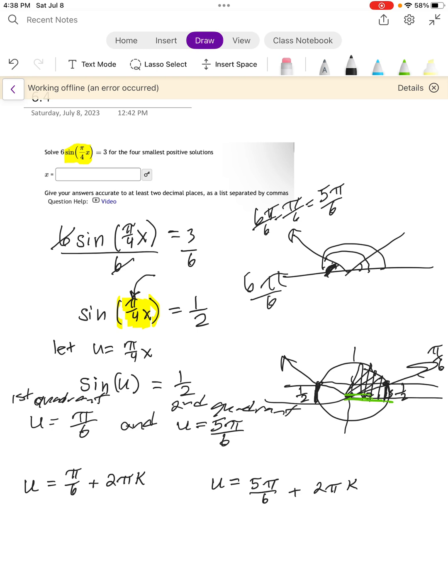Now that we've fully solved this problem for all solutions, we need to actually solve it for x and not for u. But u was equal to pi over 4 x, so now we're plugging back in pi over 4 x where we saw u in the above equations.